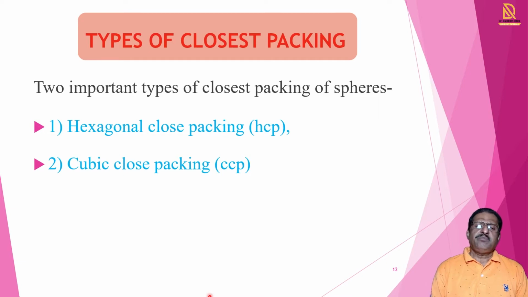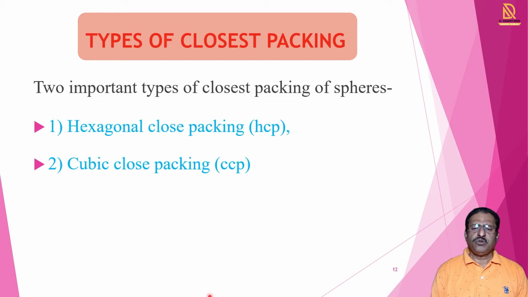The next point is types of close packing. Just as we have seen, when ions are close with each other, that is close packing. And when those ions are attached with each other, they form a particular geometrical shape.